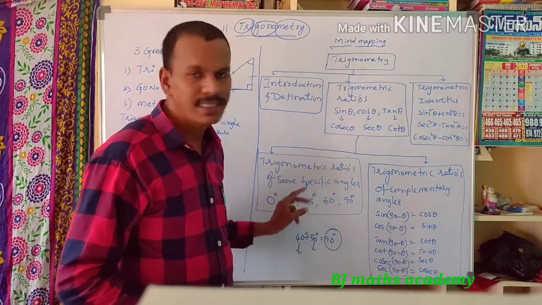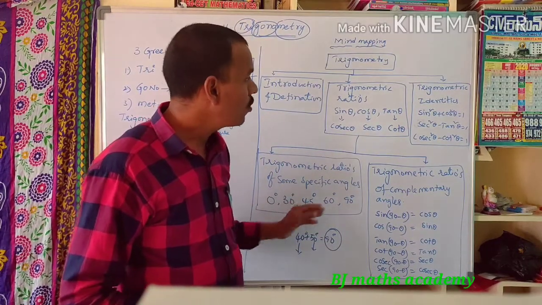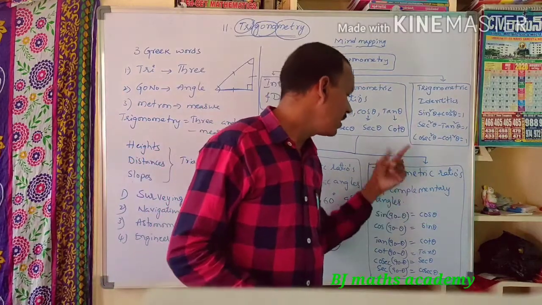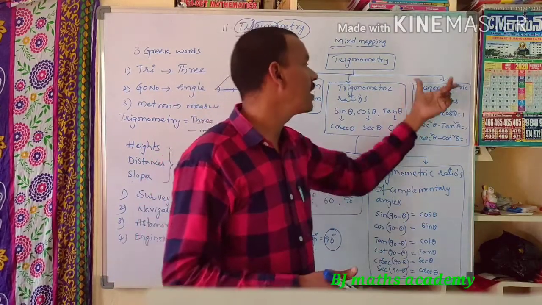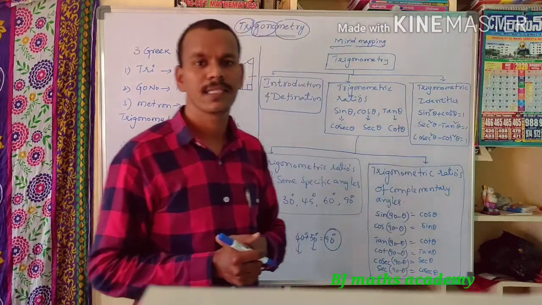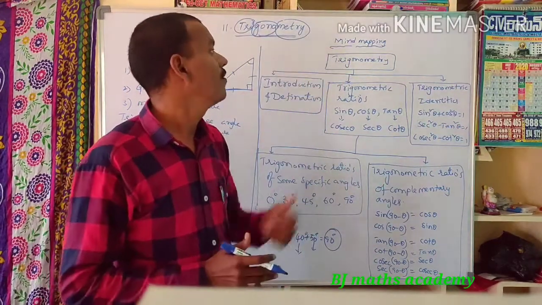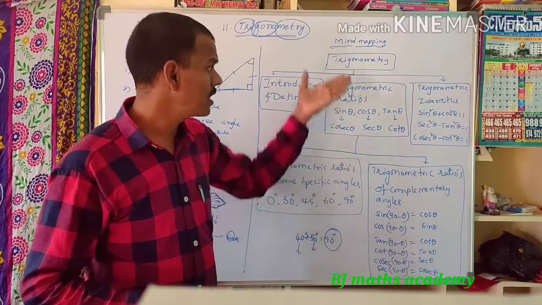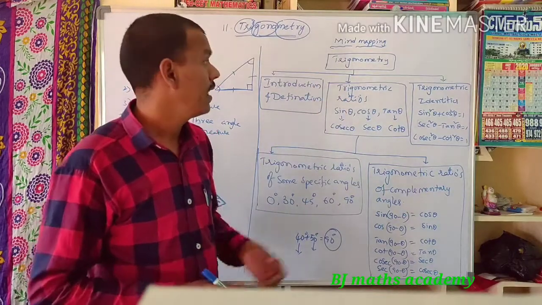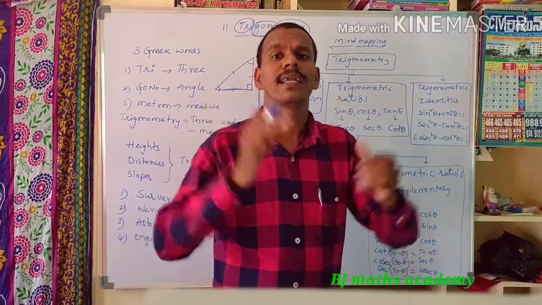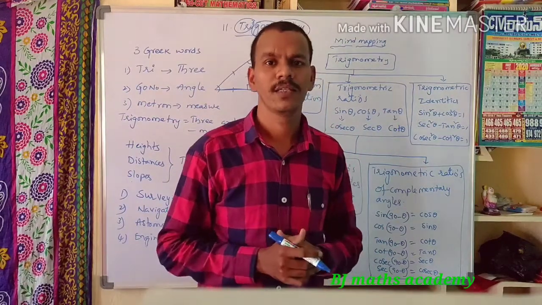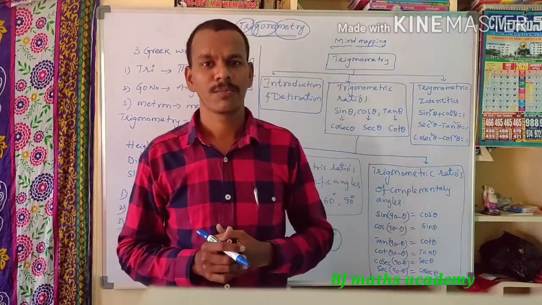The third exercise is depending on complementary angles, and the last, fourth exercise is depending on trigonometric identities. It is the mind mapping of trigonometry. It is very useful to us, and when we learn with the mind map, we can easily understand the whole chapter. So thank you for watching my video.